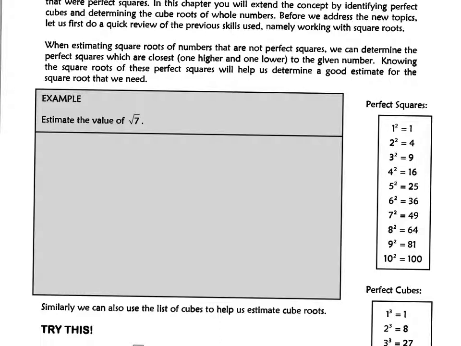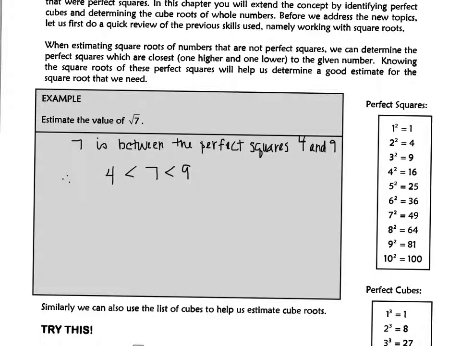So you would say basically that 7 is between the perfect squares, 4 and 9. So therefore, you can write it like this: 7 is bigger than 4, but less than 9. That would be a true statement.